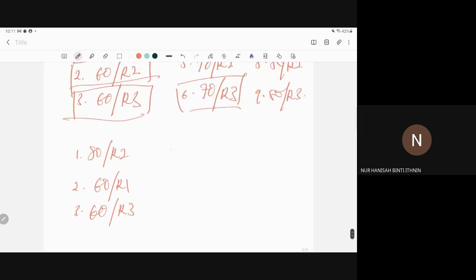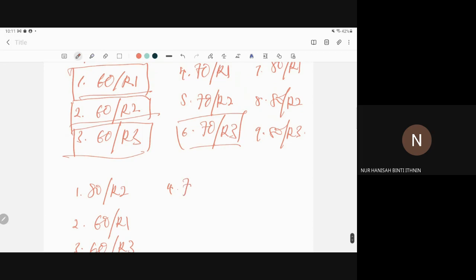Then the fourth is 70 rep 3. Then another one, 80 rep 1. Sixth, 60 rep 2, for example.